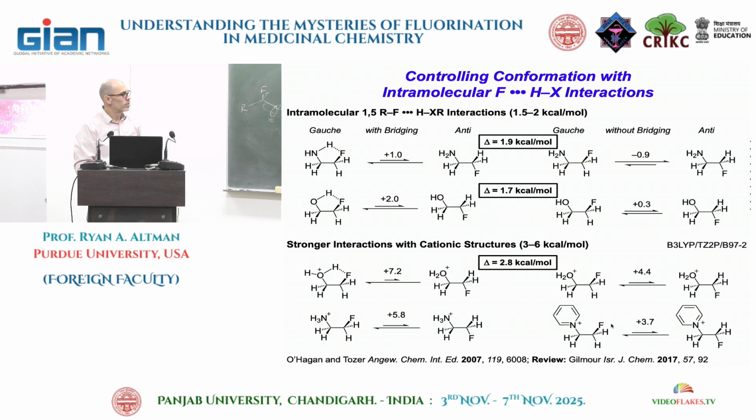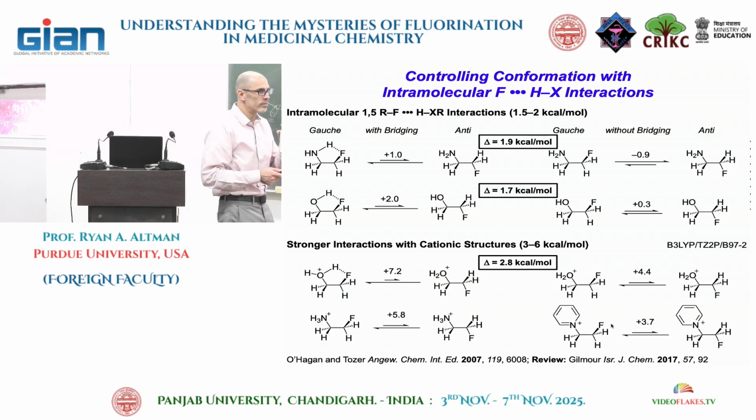Okay? So I'm going to pause again, see if there's any questions on this series here, or the previous one. Like in my last talk, I was showing some data regarding hydrogen bonds involving fluorine, and it was quite interesting that CHF hydrogen bonds predominate more.